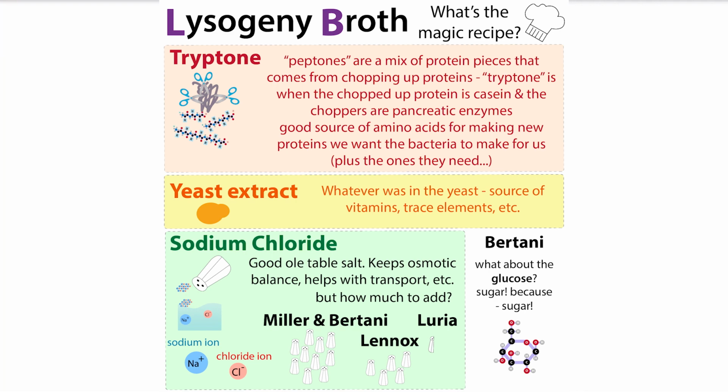But it has everything that the bacteria will need. You're just not exactly sure what it is that you're giving it. And so it'll differ from batch to batch. And we'll get into all of this.